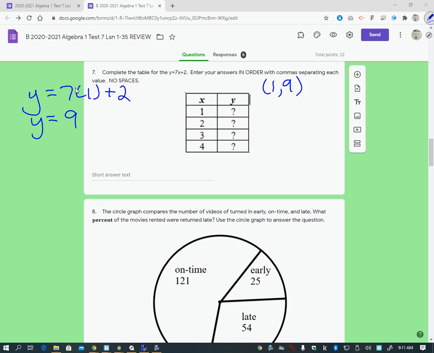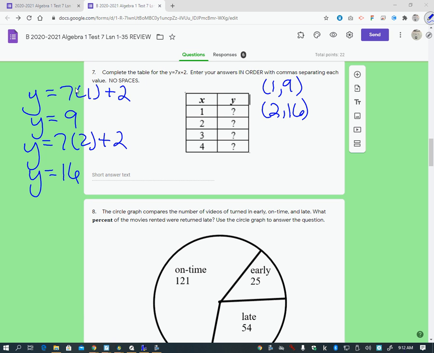Work: y equals 7 times 2 plus 2, y equals 16. So my answer that I'm writing down here is 2 comma 16.